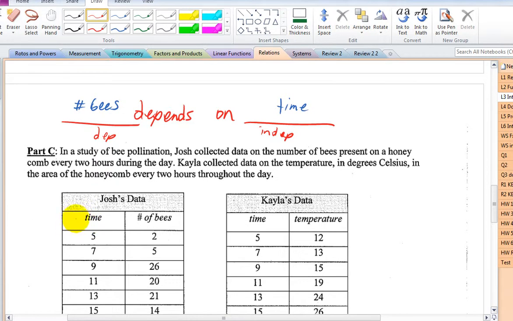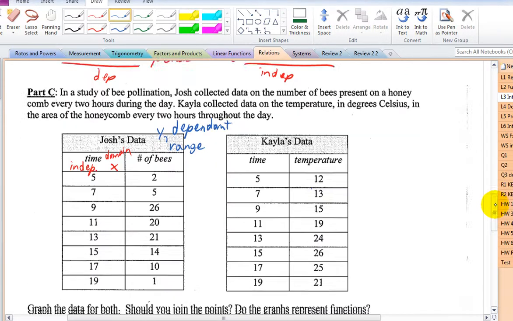So time is your independent. It is your domain. It is your x values. The number of bees then would be your y values. Your independent. Sorry, I said that backwards. It's your dependent. So y is your dependent, and it is your range. Okay. Good. So let's graph that one, see what that looks like.